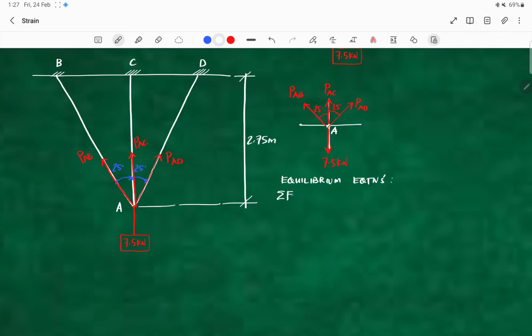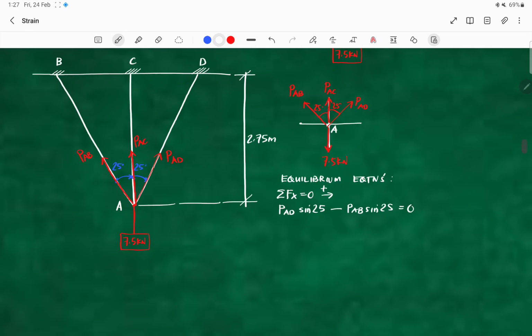So, bali meron tayong summation of forces x equal to 0. So, assume na lang natin na positive yung going sa ganitong direction, no? So, bali meron tayong force ED sine 25, and then itong force EB which is going to the negative x direction. So, this is force AB sine 25 degrees. So, this must be equal to 0.